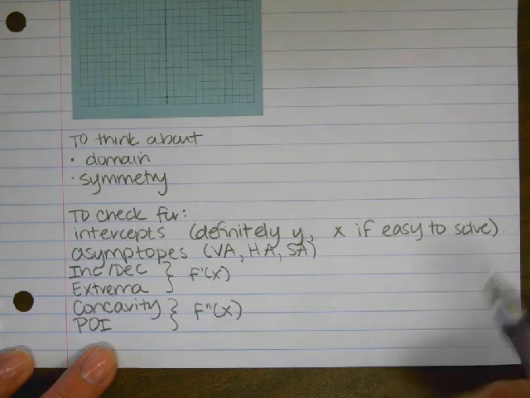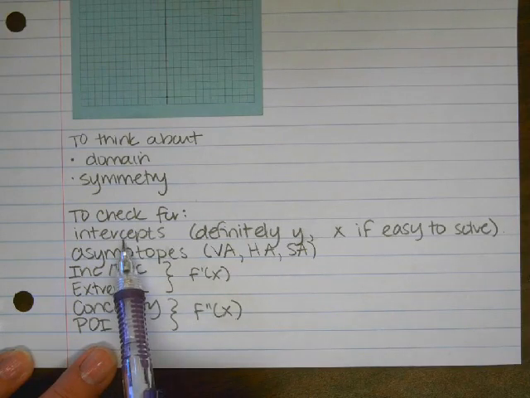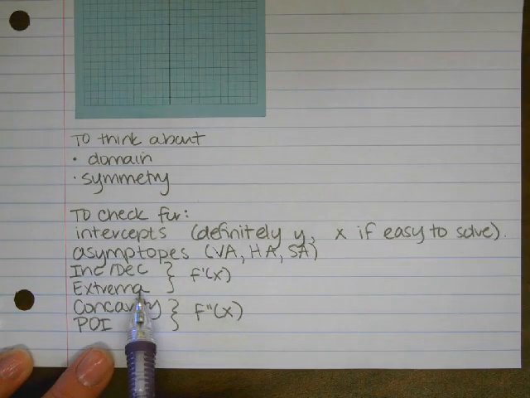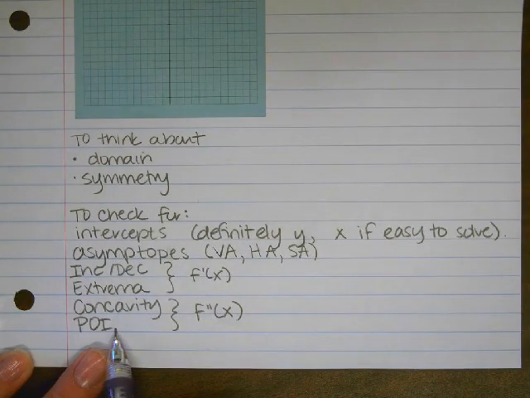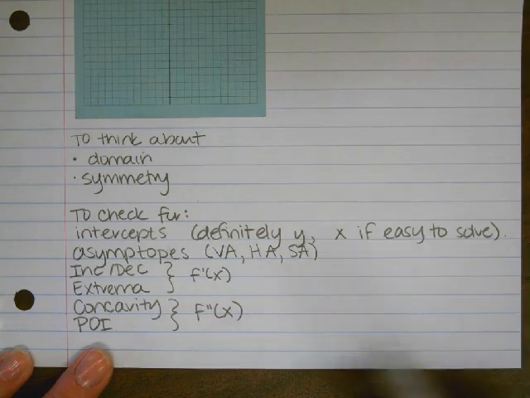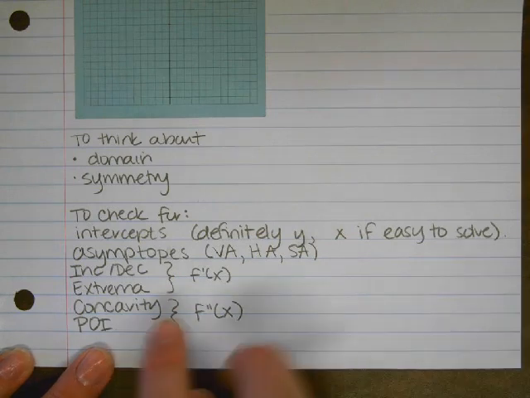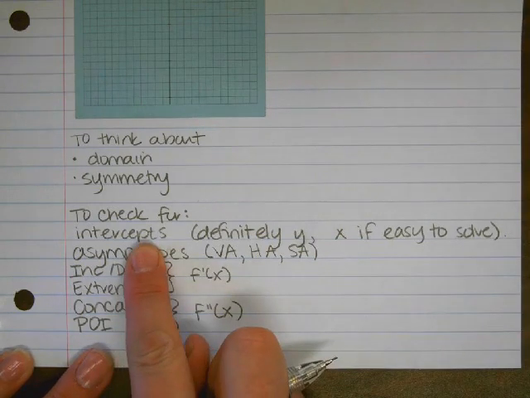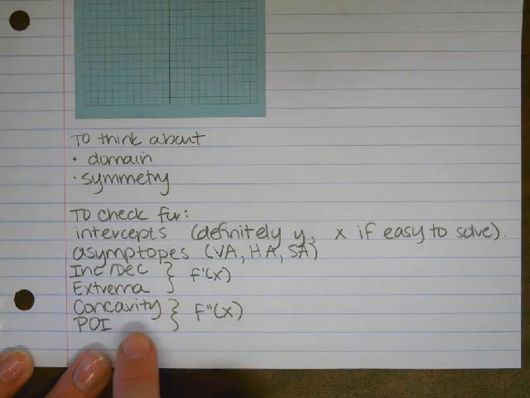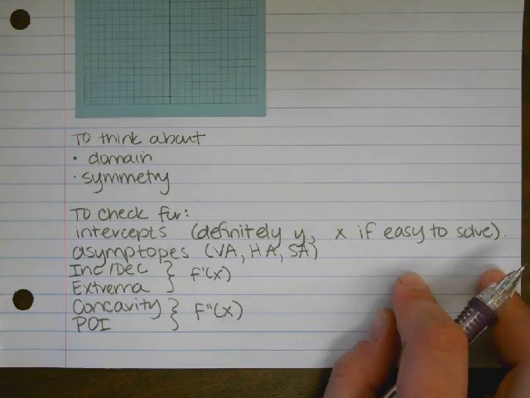And so it's nice when you have intercepts that you can graph, but it's also nice when you have found your extrema and your point of inflection if those are written as points as well, because it just gives you more points to graph to sketch your curve. Okay, so we're gonna have points for intercepts, but also points for extrema and points for point of inflection, and that's going to help us make our graphs easier to draw.